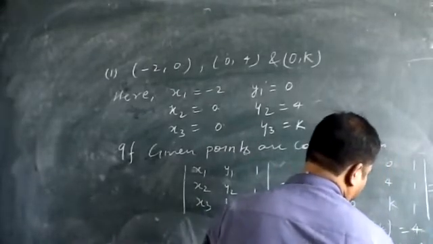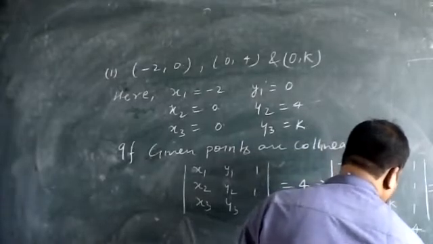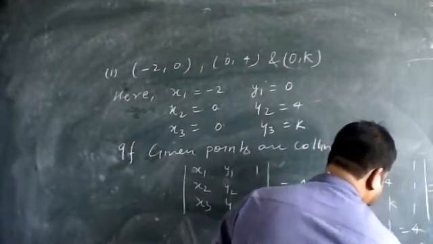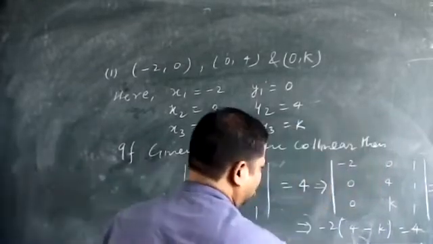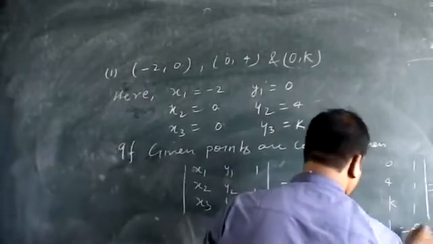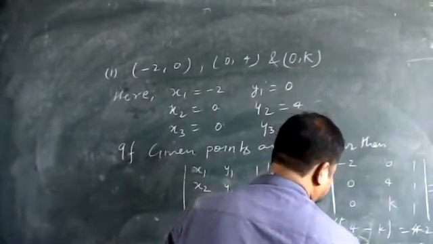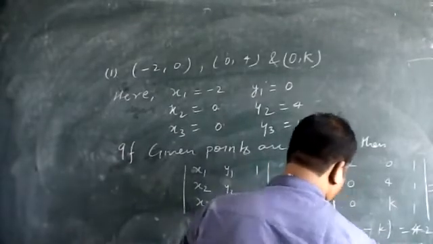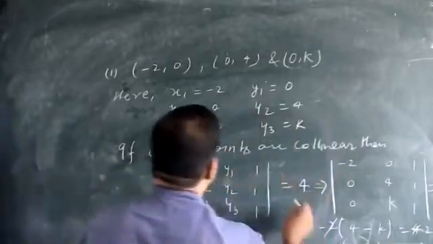So 4 minus k is equal to 4, so k is 4 plus 4. No, minus 2 times (4 minus k) is equal to 4, so solve it easily. Minus 2 times (4 minus k) equals 4, so 4 minus k is equal to minus 2.